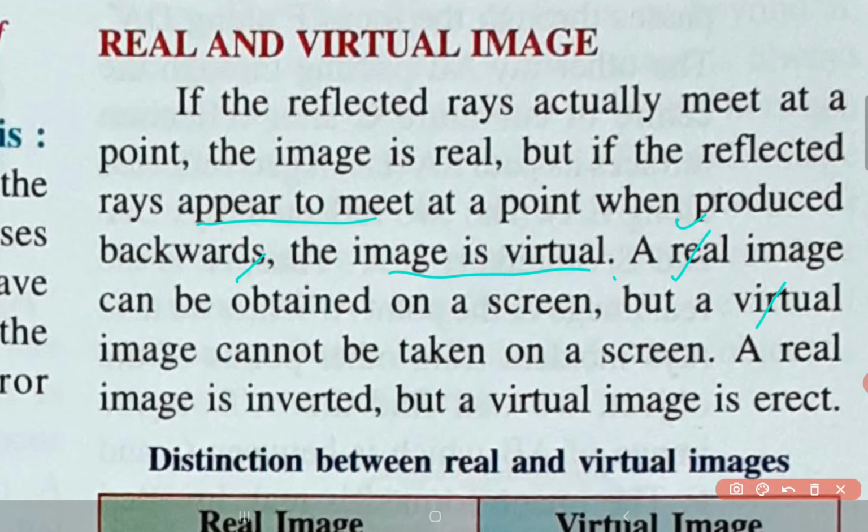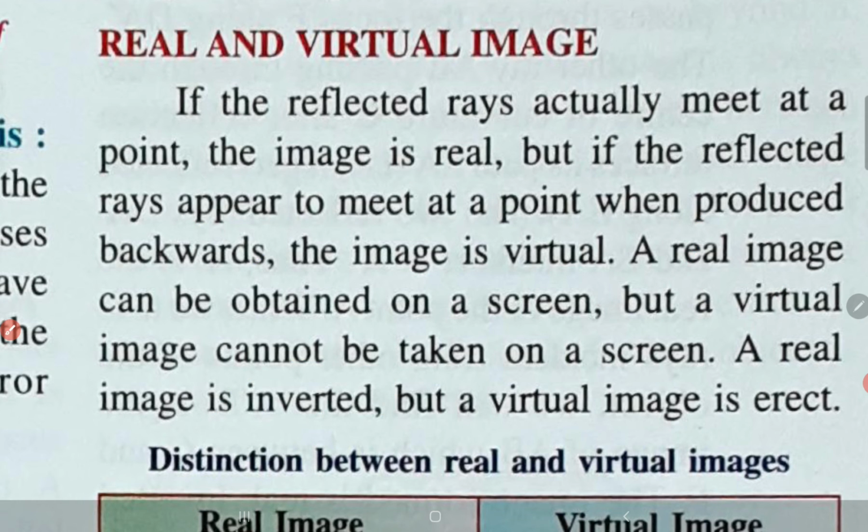So a real image is inverted, but a virtual image is erect. You can argue that while watching videos on the smart board the image is not inverted, because the inverted image is already created in the projector, which is further inverted, thus we see a proper, upright image on the screen. But the virtual image is always erect.